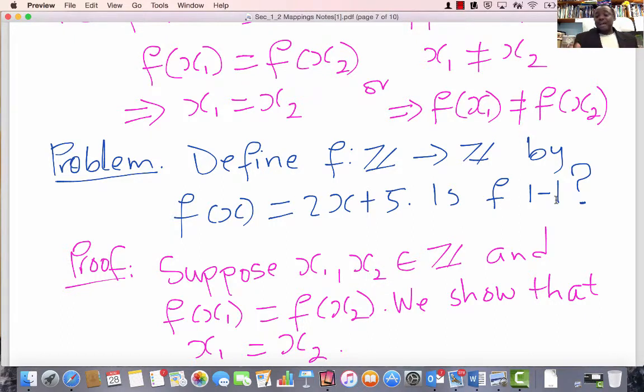How do we verify that f is injective? We pick two elements, x1 and x2 in Z, arbitrarily, and we suppose that f of x1 equals f of x2, and logically show that x1 equals x2 without cheating.